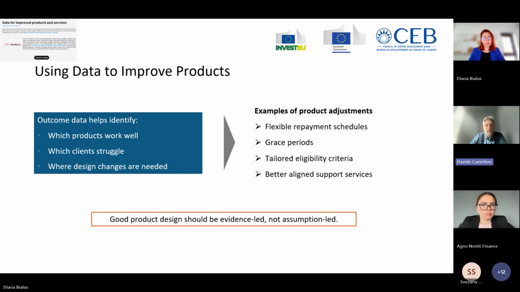And then the next step, after collecting this information and these insights, is to see how we can adjust product features based on this evidence.